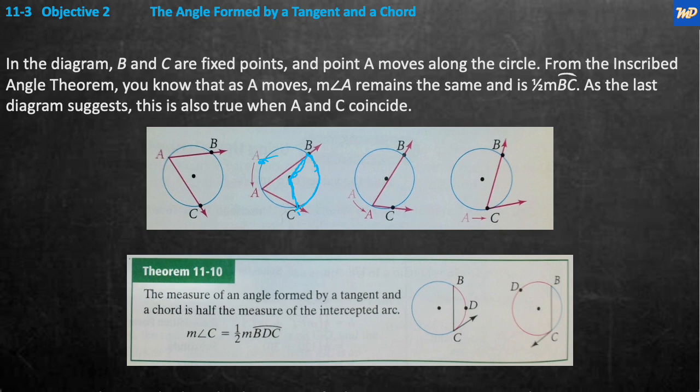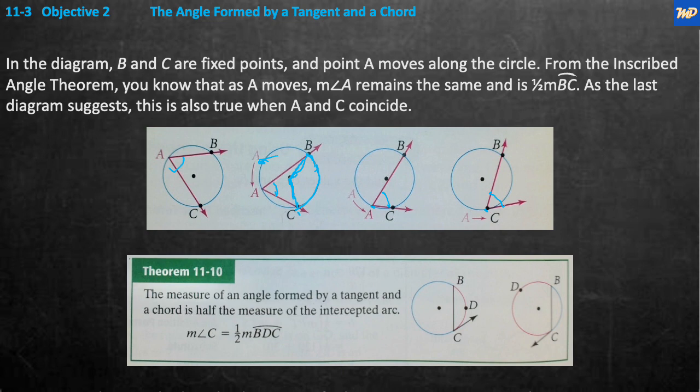And they're kind of trying to show you that A could be down here, or A could be over here. This angle is still the same angle, no matter where you put A on the circle. You slide it all around, it's always going to remain 1/2 of that arc.